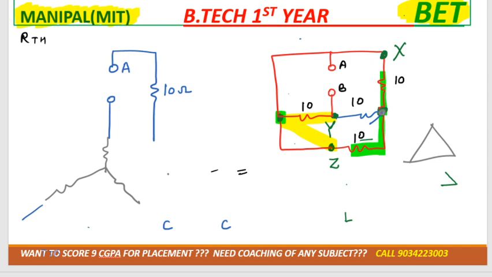See, one of the points is connected with this resistance, so I'm connecting here, and another point is connected with this resistance, so I'm connecting it here. Another point is with this resistor, so I'm connecting it here. So this 10 is as it is. Now what I change, this one is in delta position.